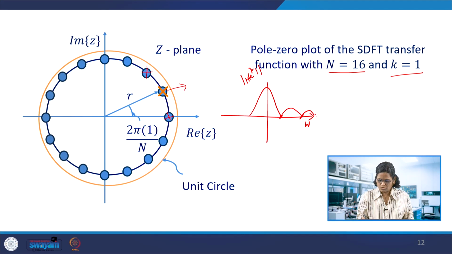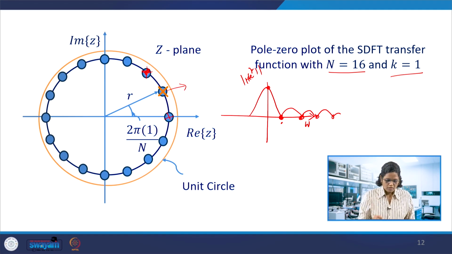The zeros give the response as 0, and in between, suppose for 50 hertz, this 50 hertz would be taken as magnitude 1 or 0 dB, and at the second harmonic this zero gives 0 response, and then it will be the same at the third, fourth and fifth zero locations. In between, these frequencies will be passed with attenuation.